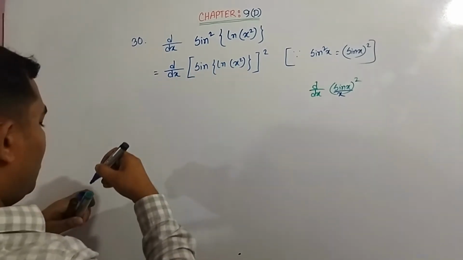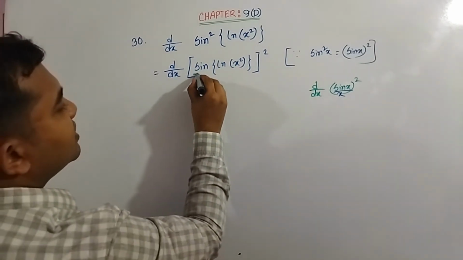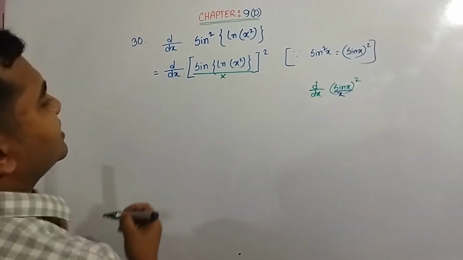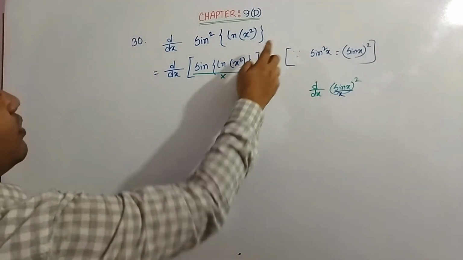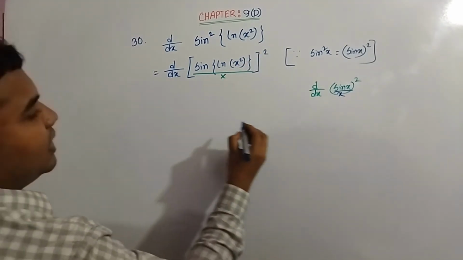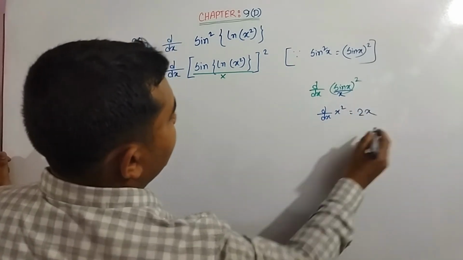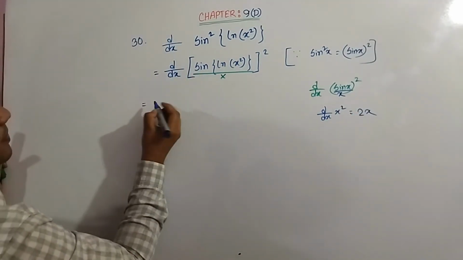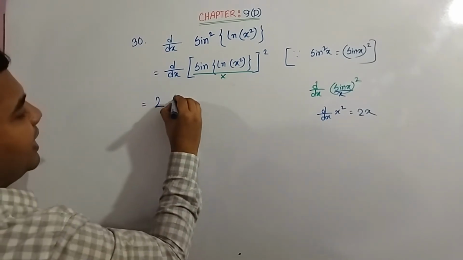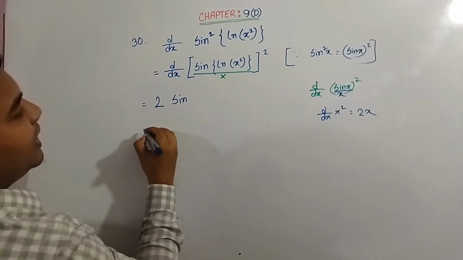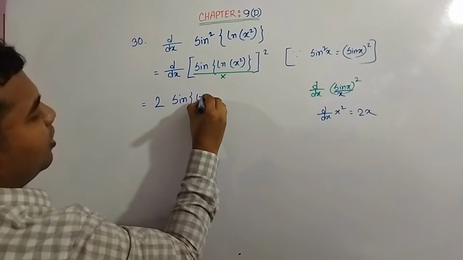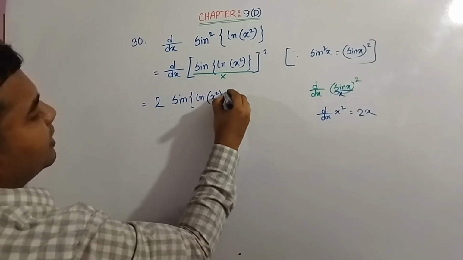We will think all of it as x. So x square, if we differentiate x square, we get 2x. So we can write 2 into sine ln x square.